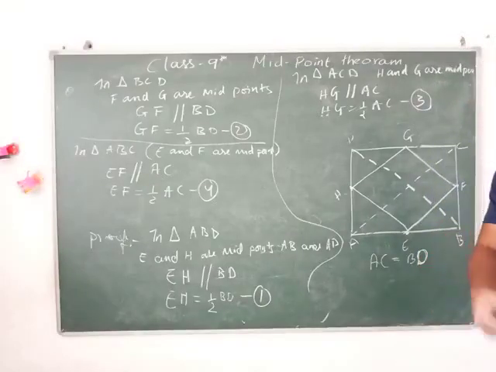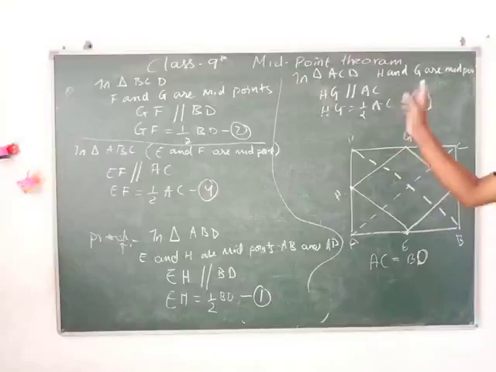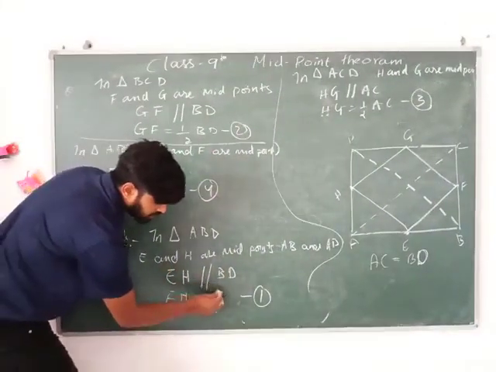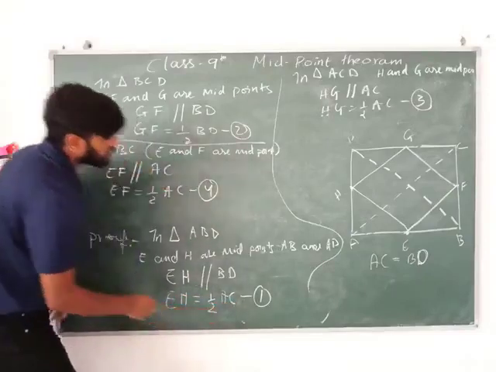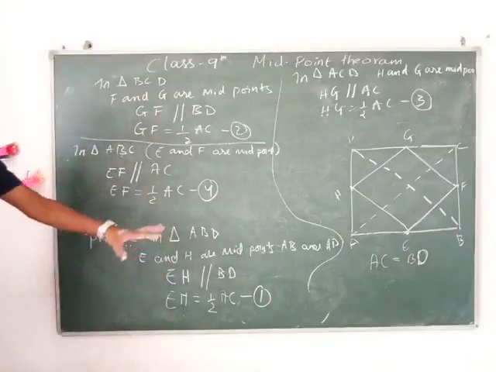You should know this. So wherever BD appears, I can write AC instead in all four equations, because they are both equal.